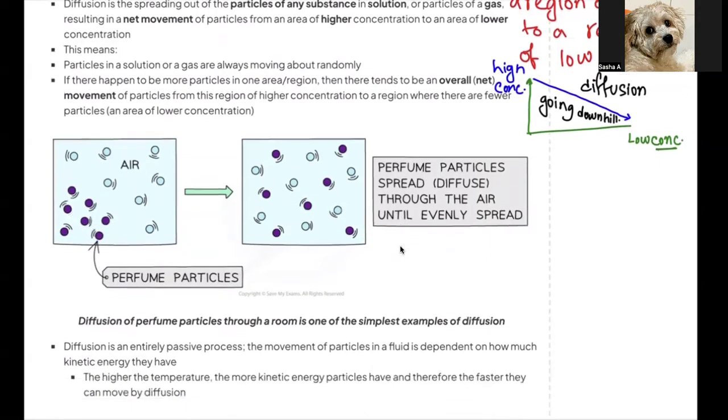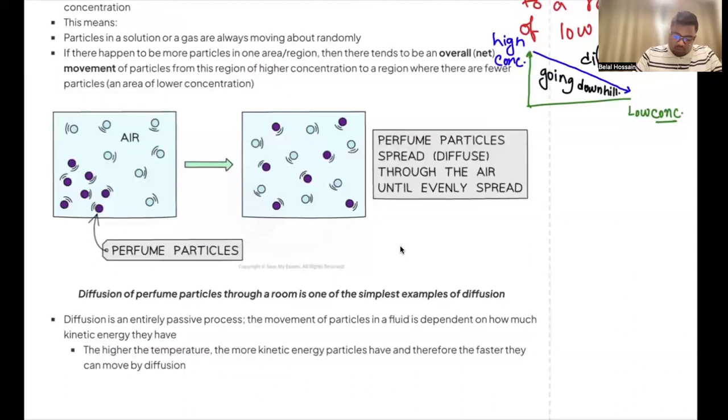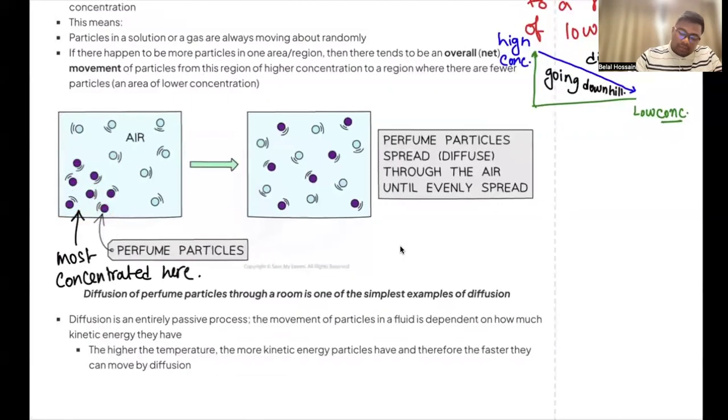Okay, so here you can see in one corner of your room, you have sprayed some perfume particles, but the rest of the room does not have those perfume particles. The corner where you have sprayed the perfume particles is most concentrated, and it will be least concentrated elsewhere.